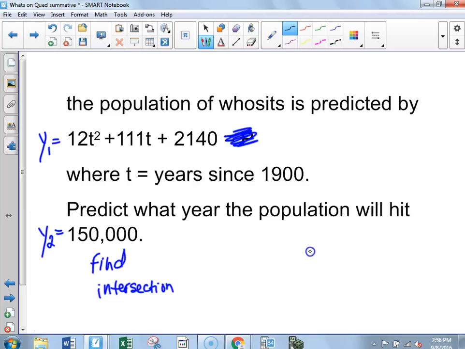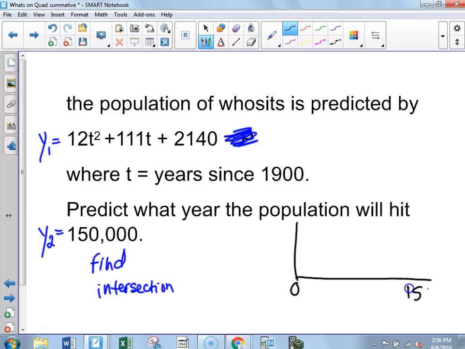What seems like an appropriate window? If it's years since 1900, we don't need to know before 1900. You don't know, but it might be at least 100 because that would be year 2000, right?